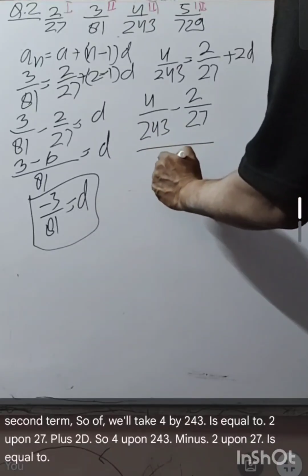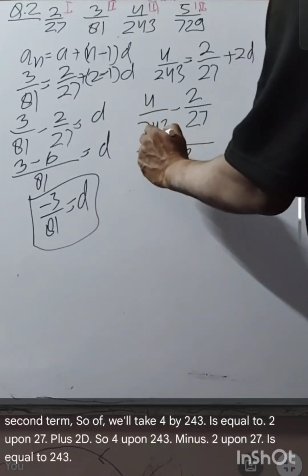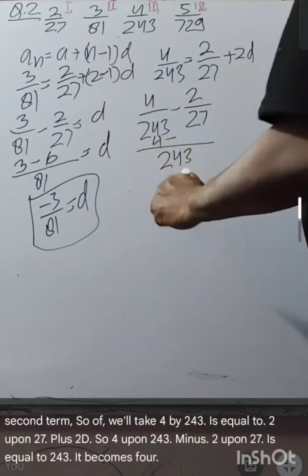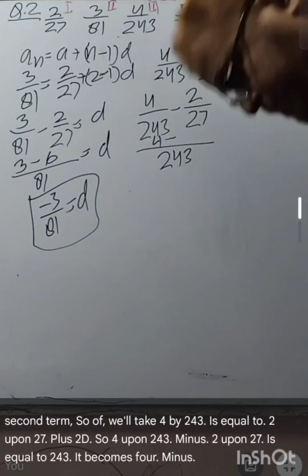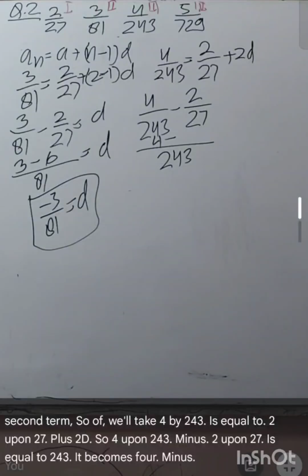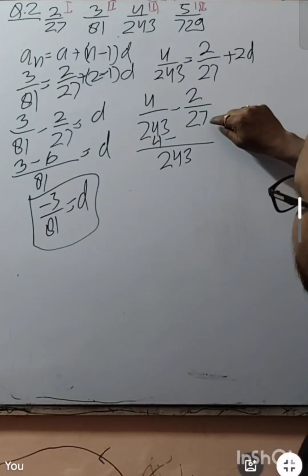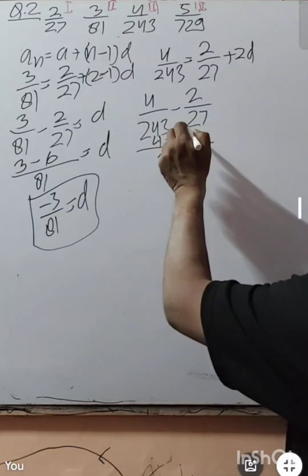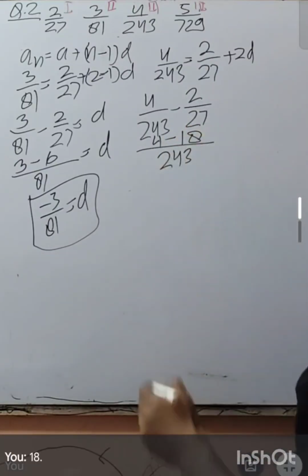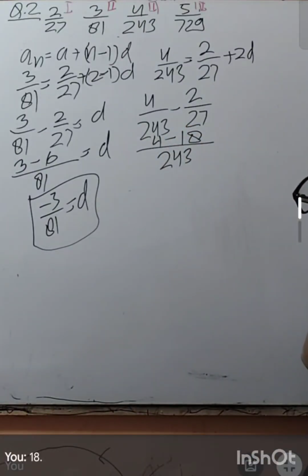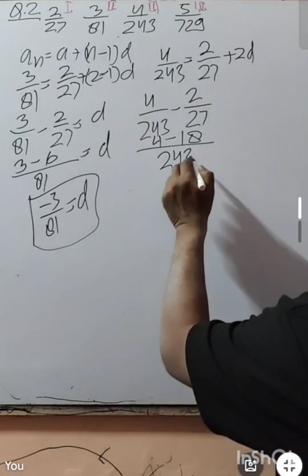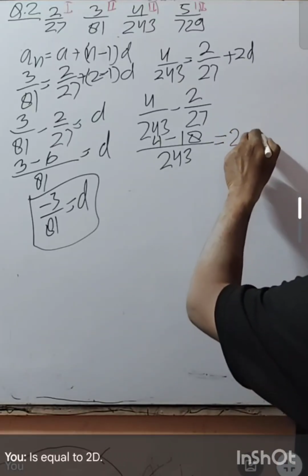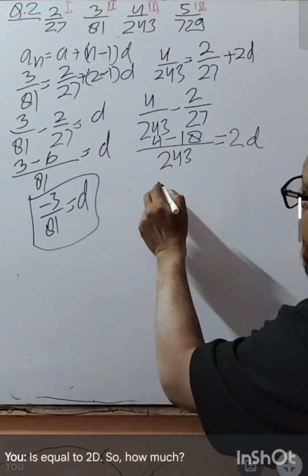It becomes 4 minus 18, is equal to 2d. So how much do you get?